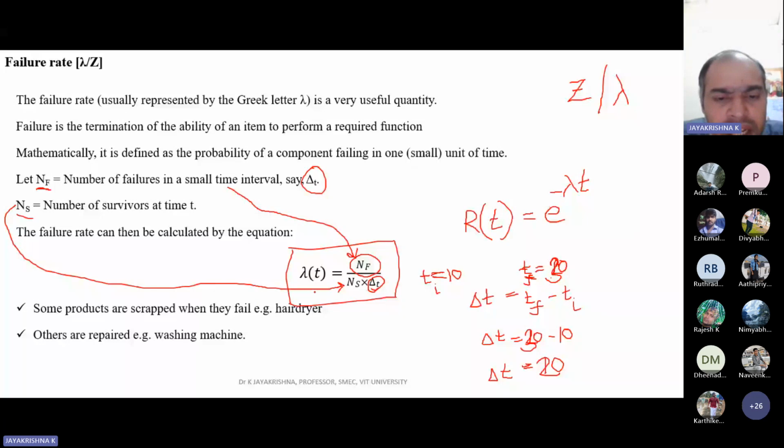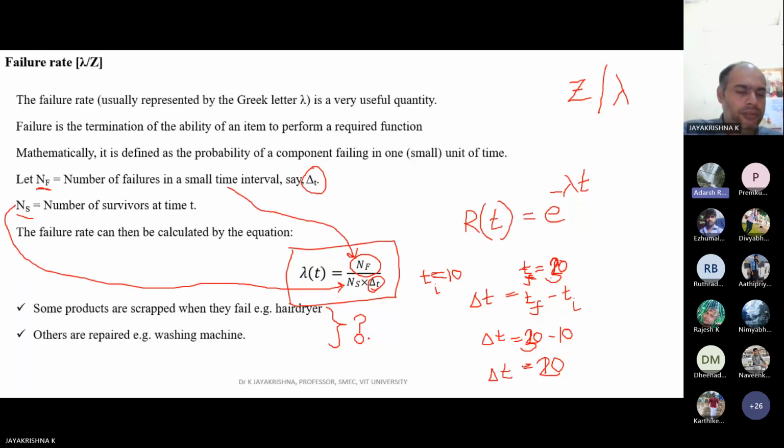Say for example, a hair dryer, you can throw it out. But when your washing machine is failing, you can get it repaired. Why, sir? Why this difference? When a hair dryer fails, you are throwing it out, making it scrap. But when your washing machine fails, you try to repair it.